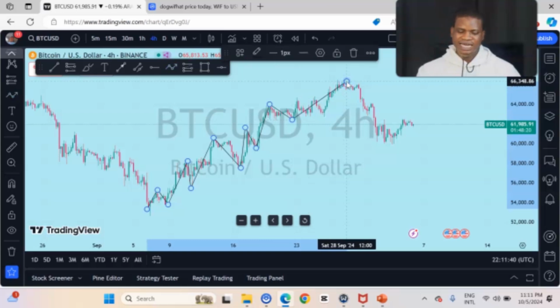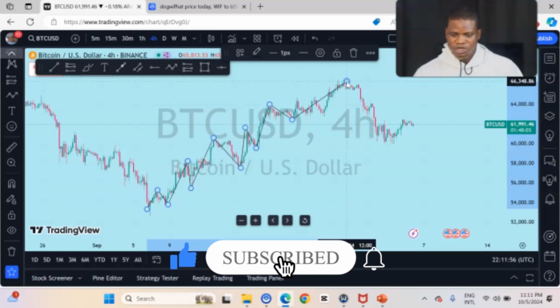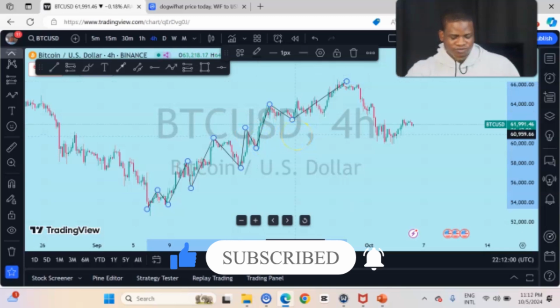And that is what an uptrend is. So the logic is that anytime the market is moving in this kind of direction, it's telling you that the market is in an uptrend. When the market is in an uptrend, you as a trader want to be looking for opportunities to buy. You'll be looking for long trades, because nobody wants to be selling when the market is going up, right?